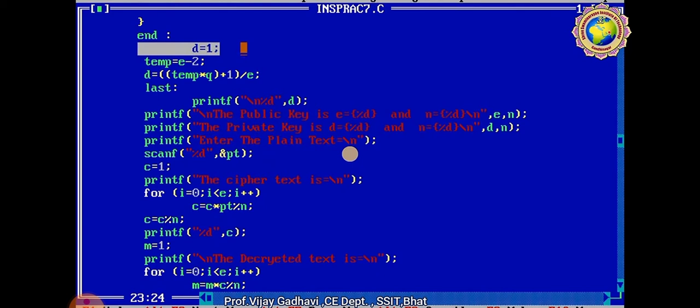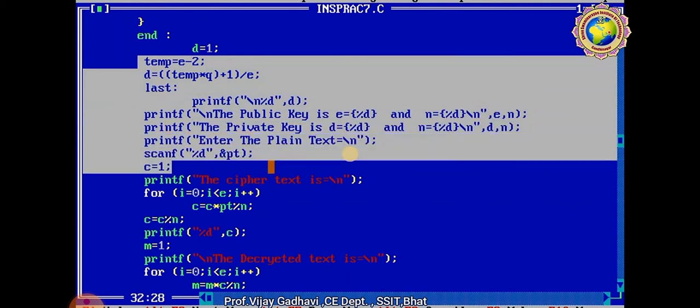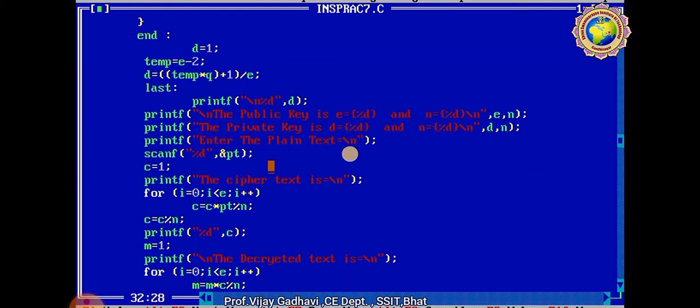You also compute the value of n is equal to p multiplied by q. Here compute d, a modular multiplicative inverse of e under mod operation, yielding a worked example for the modular multiplicative inverse.